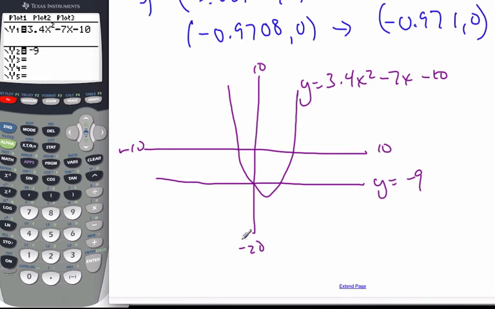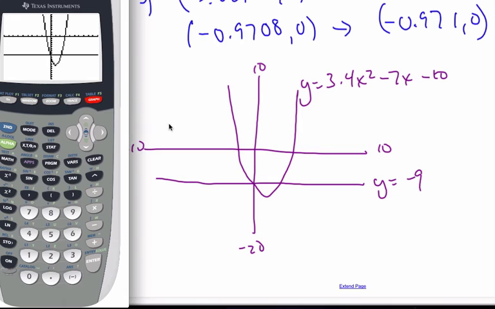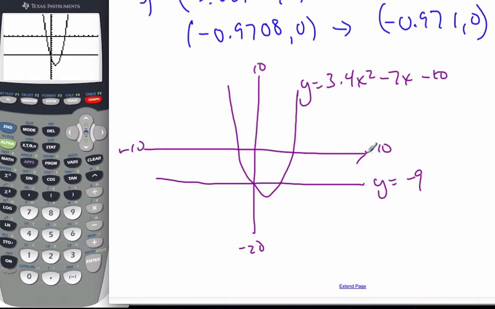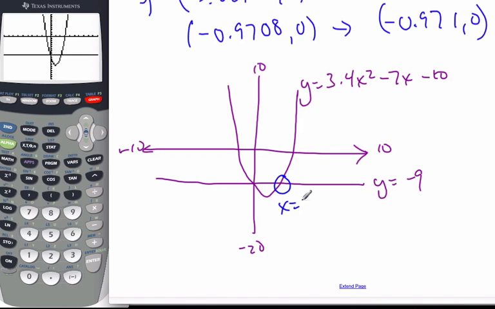I know these values because if I look at my window settings, that's what they're at. So now I have a rough sketch of what I actually see on my calculator, which is what I want. And my answers are specifically this value here, which is x equals 2.19, and this value here, which is x equals negative 0.134.